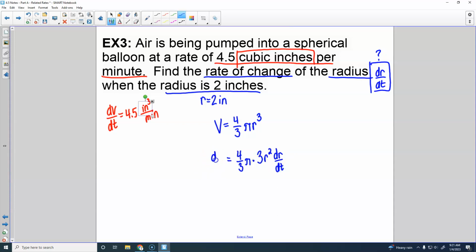And that will give us dV/dt. That 4/3 pi is just a coefficient, so it can stay out front. And if we simplify this a little bit, that 3 right there can cancel with this 3 in the bottom, so we get 4 pi r squared dr/dt, which, interestingly, is the surface area for a sphere.